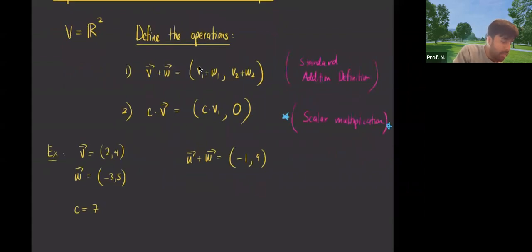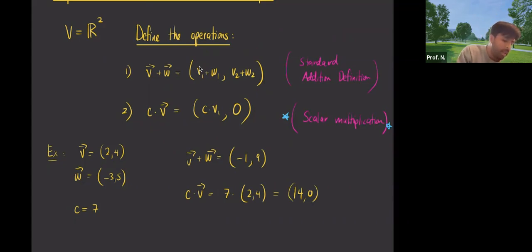And then what is C times V? What's 7 times (2, 4)? Well, according to this scalar multiplication, that would be (14, 0), correct?